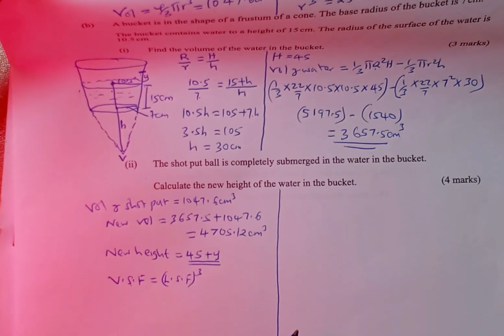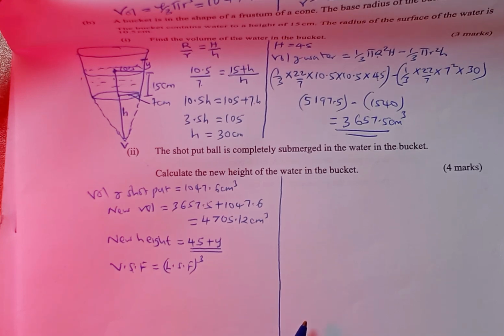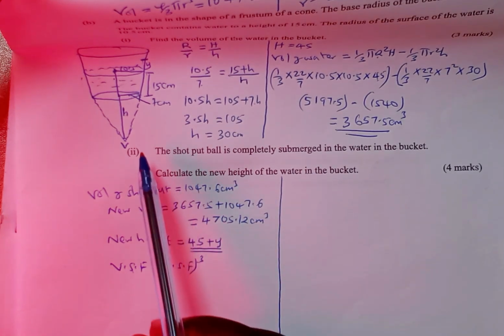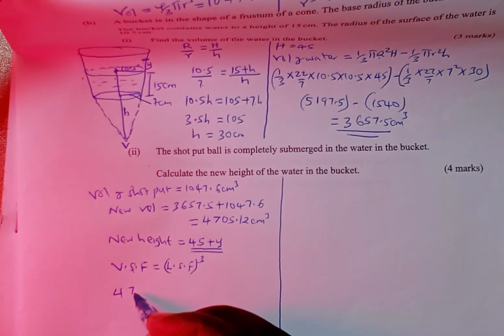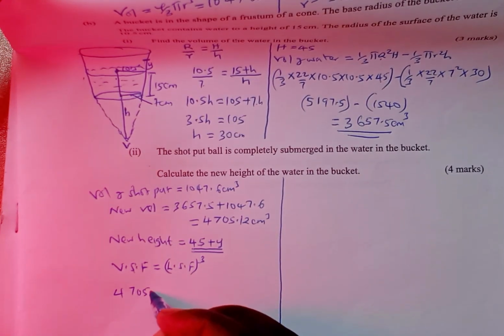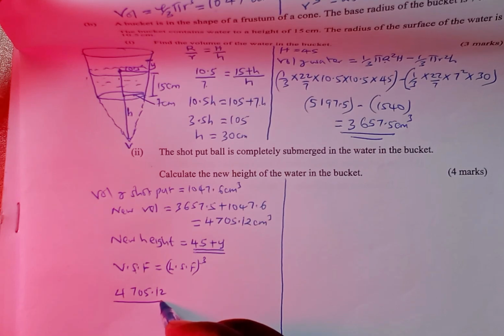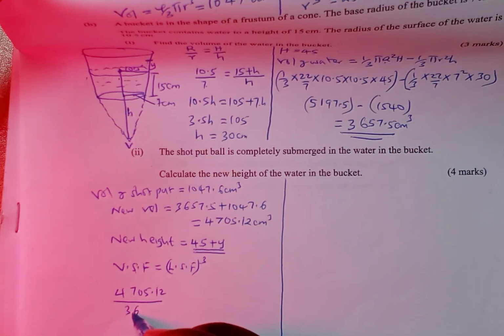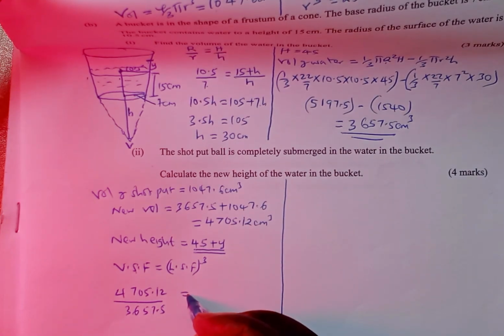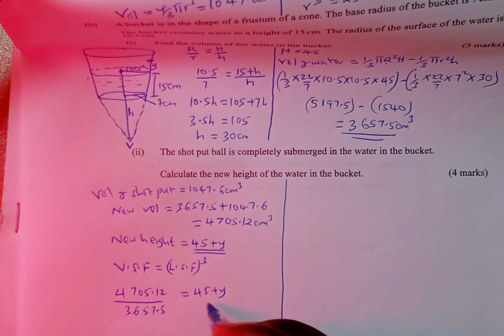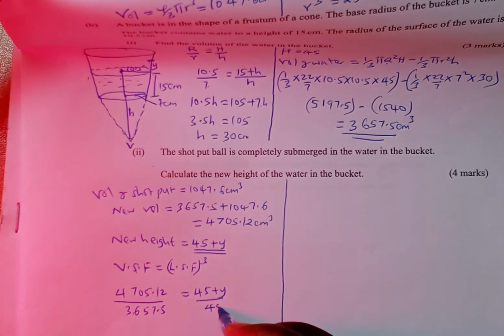That is, we have the volume of the new level, which is 4705.12. You divide by the original volume of the bucket, which was 3657.5, and this one will give us the new height, which is 45 plus y over the original, which was 45.